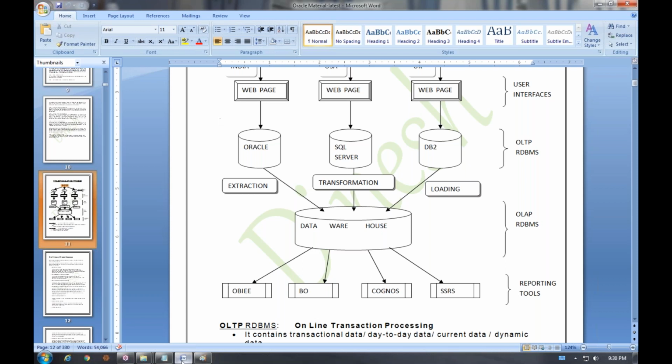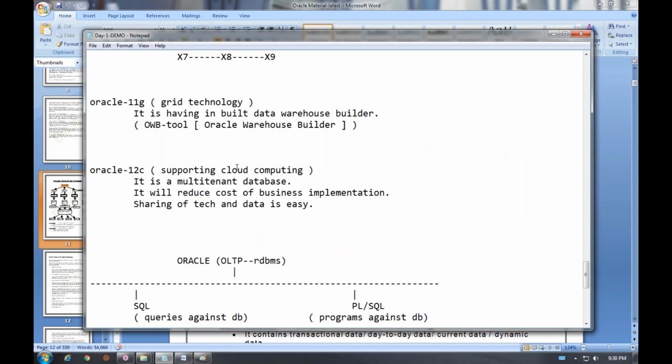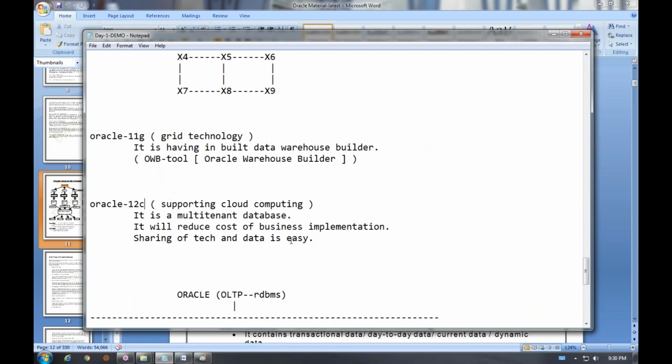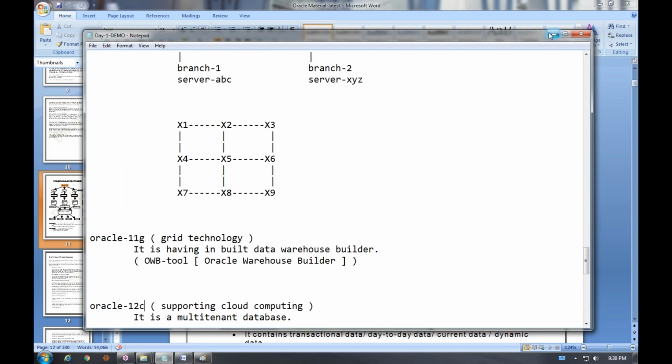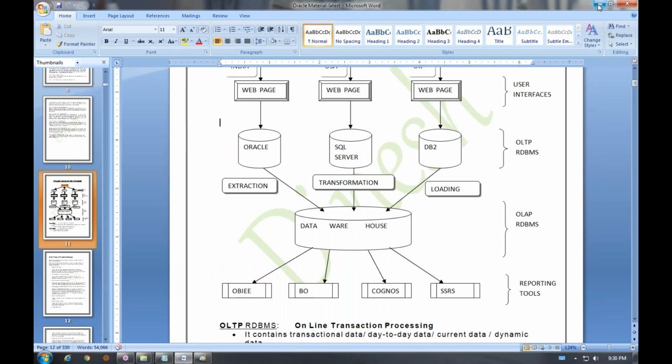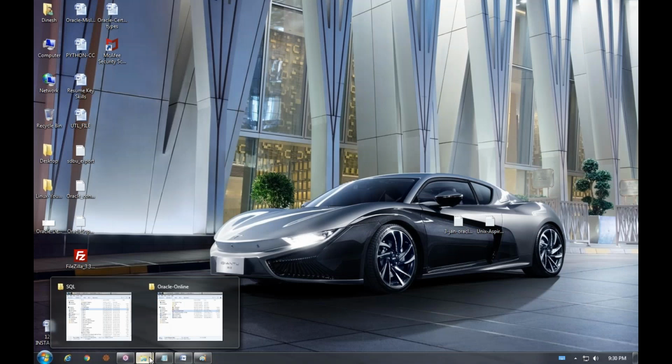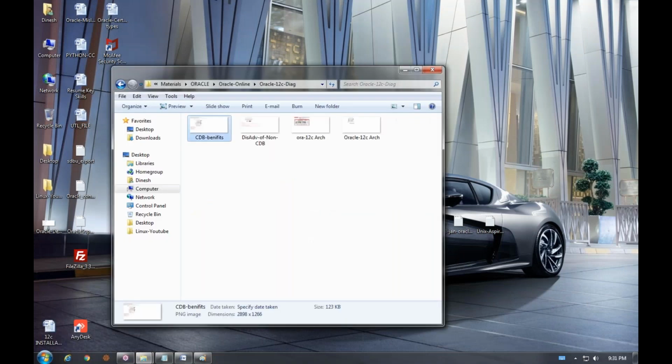Yes, that is possible by using 12C onwards. What is 12C? C for cloud technology. How does it look? All of you see here. Let me open the diagram. See, 12C is like this.